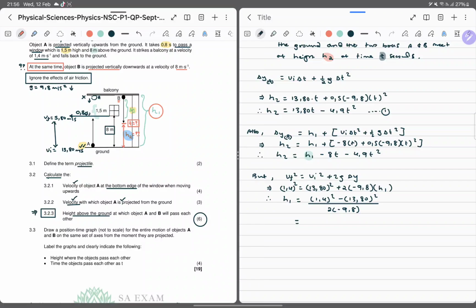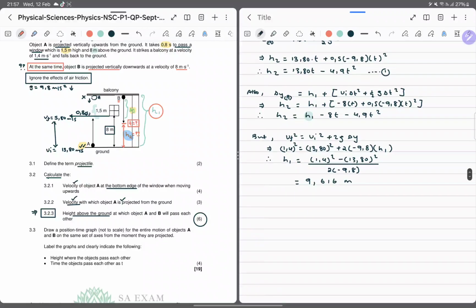So we have 1.4 all squared minus 13.80 all squared divided by 2 into minus 9.8. So I'm getting 9.616 meters. Remember, this is an intermediate answer, so we must protect the answer a bit.